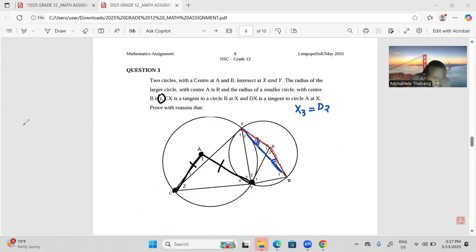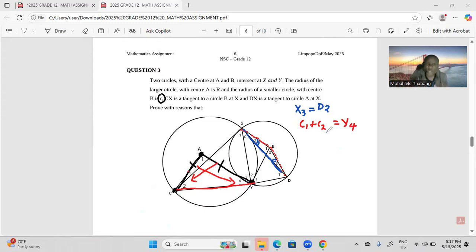Therefore, I'm going to see the side XY as a base side, and I'm going to say the angles which are opposite to this side, C1 plus C2, and the angle Y4, are equal. So C1 plus C2 is equal to Y4. What is the reason? Angles opposite equal sides are also equal.